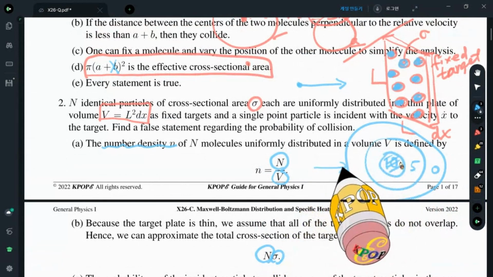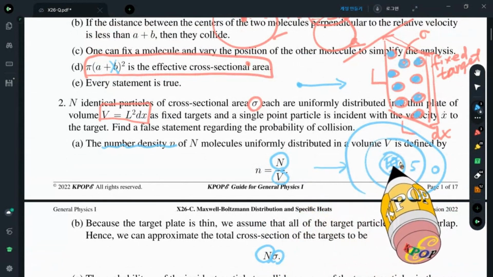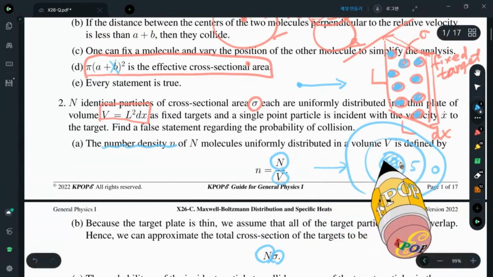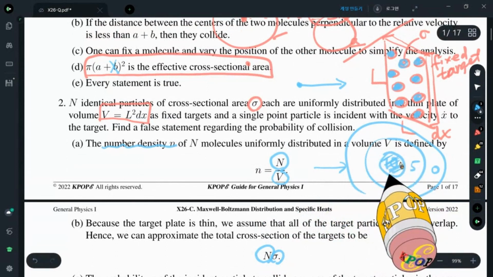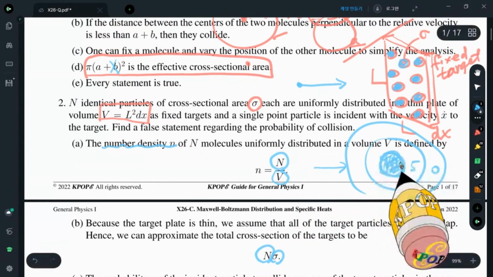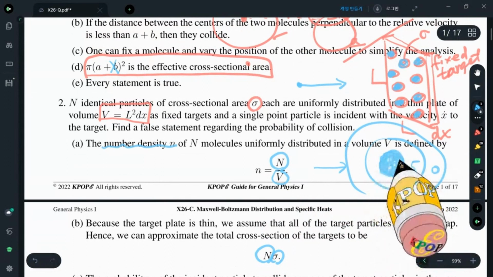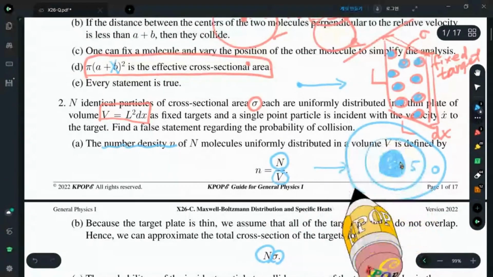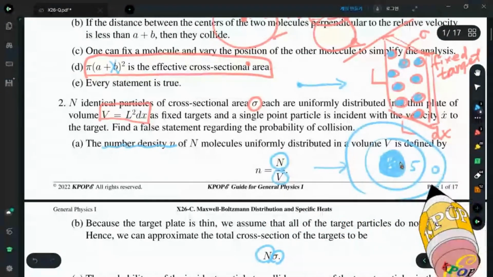The probability of hitting the target is just proportional to the area, the simplest interpretation. So the area of a specific region divided by the whole region.